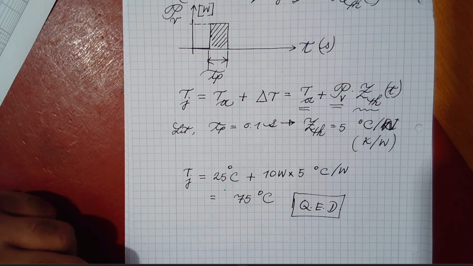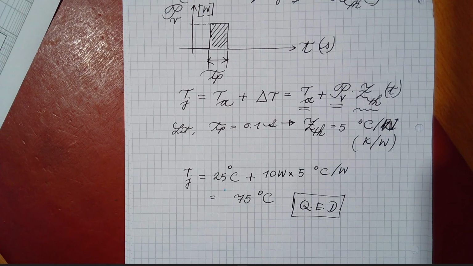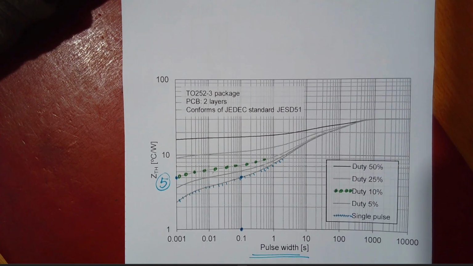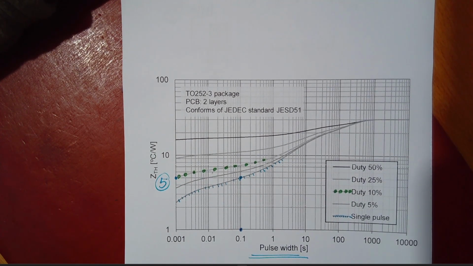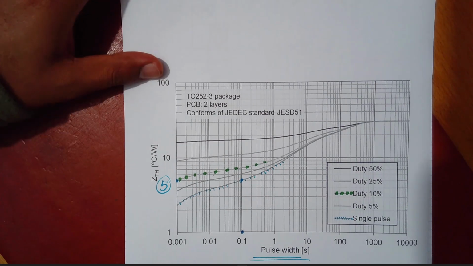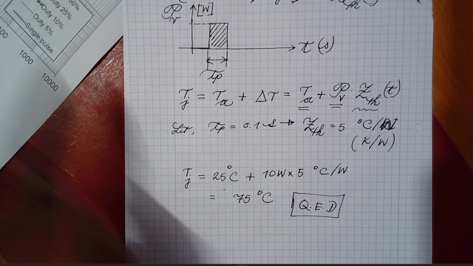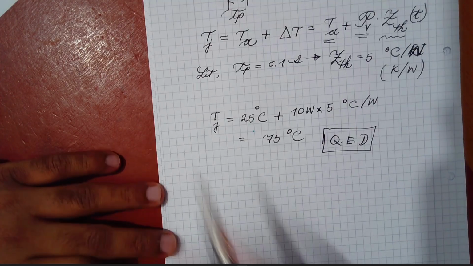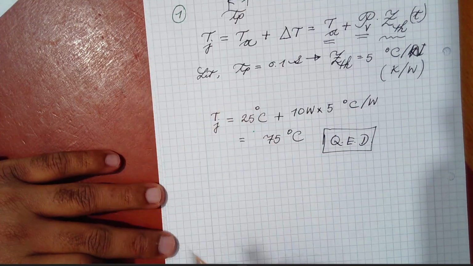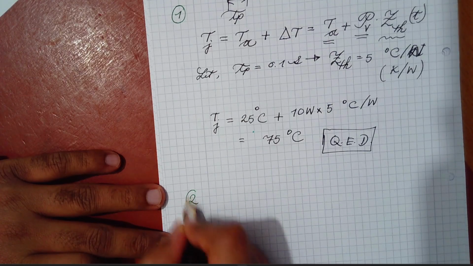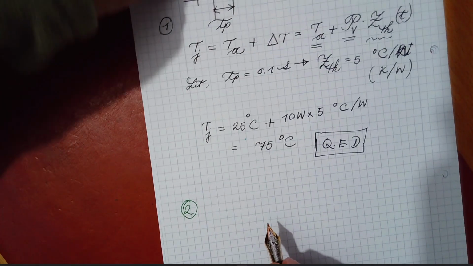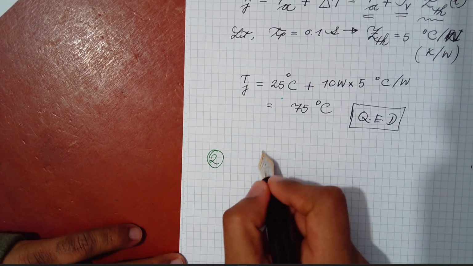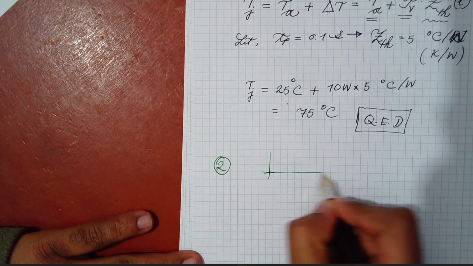Now if we consider another application where we say we have a pulse width of 1 second with the duty ratio of 10%. How should it look like? So let's say this was example 1. We'll consider another example. So here we will consider a 10% of duty cycle.